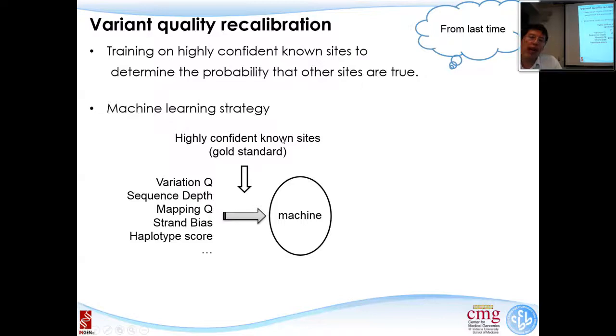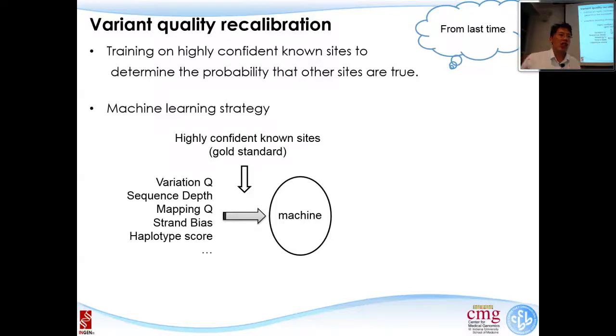The way they do that is they do the training on high confidence variants. So if, for whole exome sequencing, you identified 40,000 variants, and then by the end of the day, overlapping these variants with dbSNP, you found 35,000 of those already been found in dbSNP, which means that you're very confident on these variants.